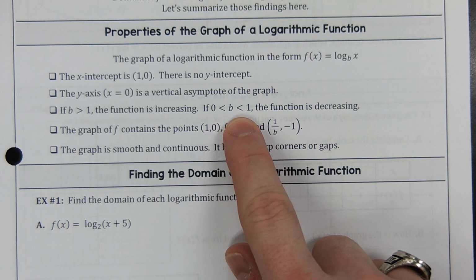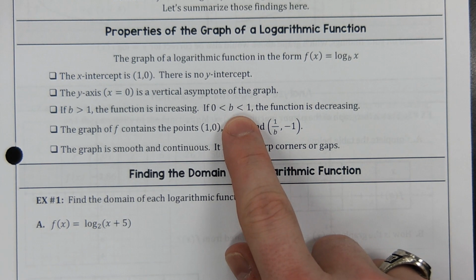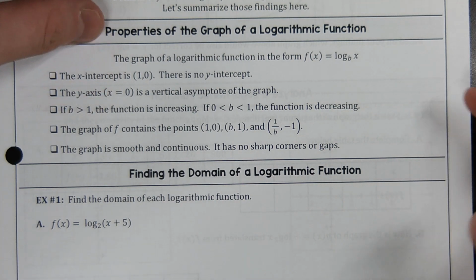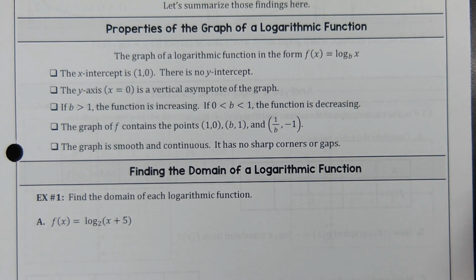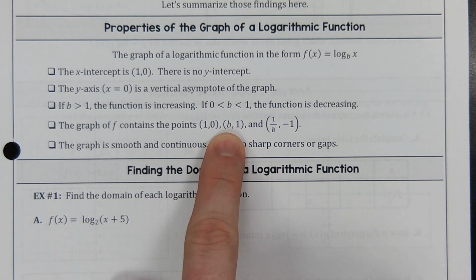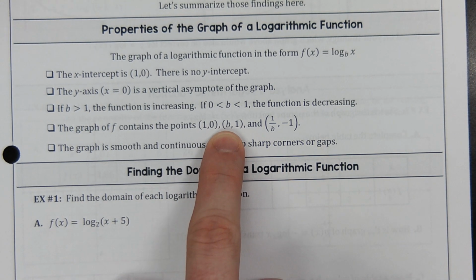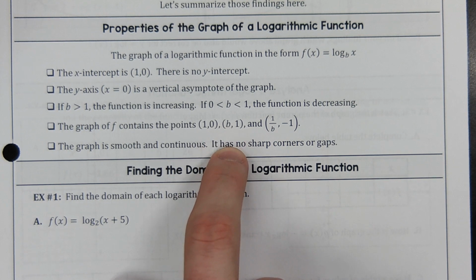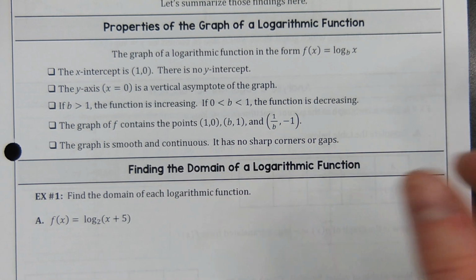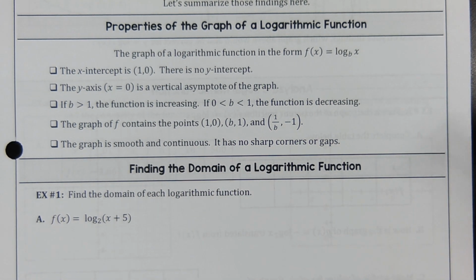If the logarithmic base is between 0 and 1, then you have a graph that is down and to the right as well. These are all the same 3 points that the parent exponential has, just x and y have been switched. And just like the parent exponential curve, the logarithmic curve is smooth, continuous, no sharp corners or gaps. All that stuff we pretty much already know.